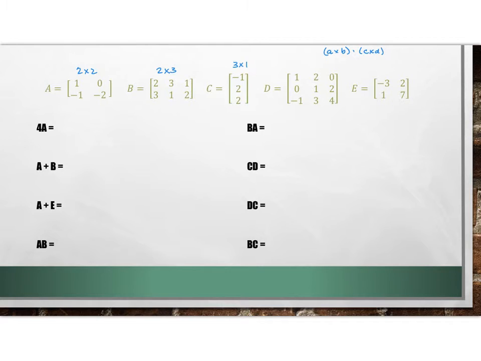In order to multiply these, B and C must be equal to each other, and then the answer is going to be an A by D matrix. Those are the main rules you need to know. I want you to go through and do this arithmetic, and some of these will not be possible based on these rules.